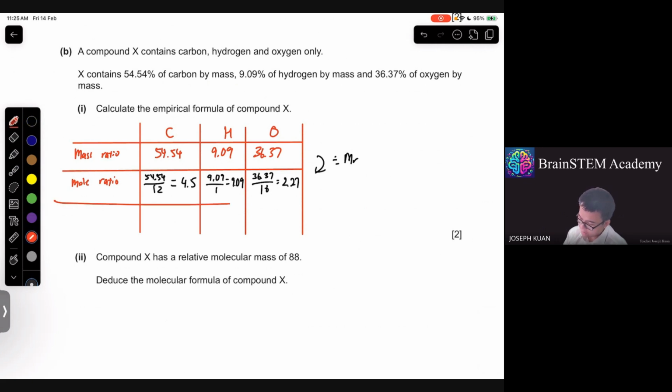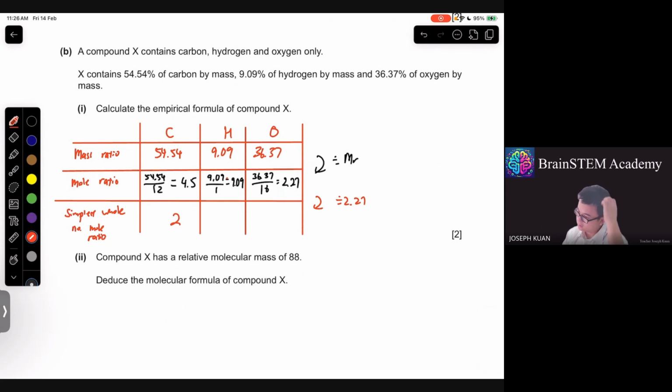So then the next thing to do is to simplify to the whole number ratio. That can be done by dividing by the smallest number out of the three, which is 2.27, which will give us a 2 to 4 to 1 ratio. So the empirical formula is C2H4O.